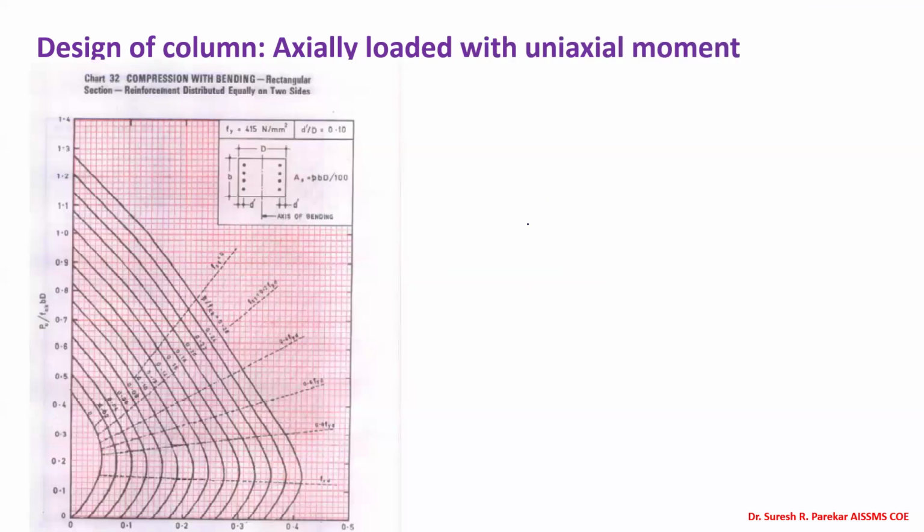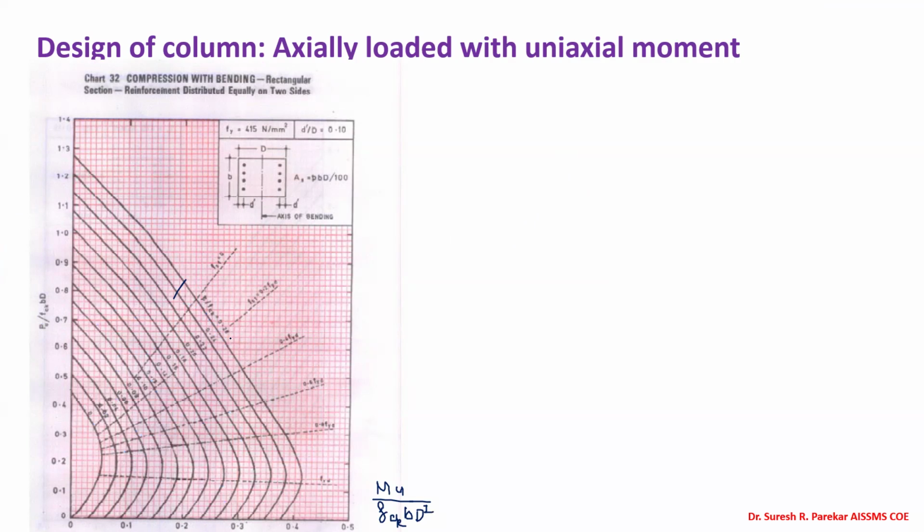Now go for axially loaded with uniaxial moment. Then you should be in a position to explain these curves. On this side we have Mu upon fck bD square. What is D? The dimension which is bisected by the axis we have considered. This is Pu upon fck bD, and these all values are p upon fck.